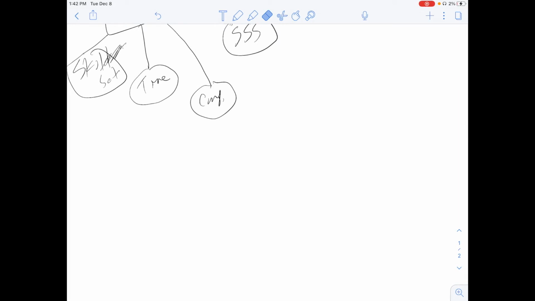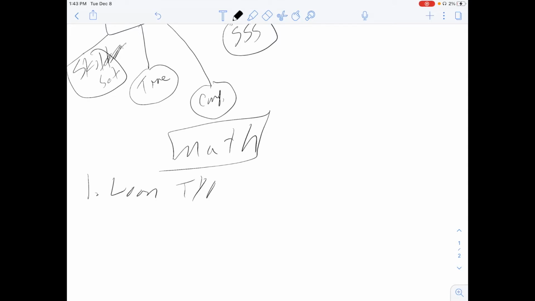All right. Now, the very first thing that I look at in the math part of evaluating a deal is the loan type. This is very important because in a subject to deal, I am taking over the seller's existing mortgage.